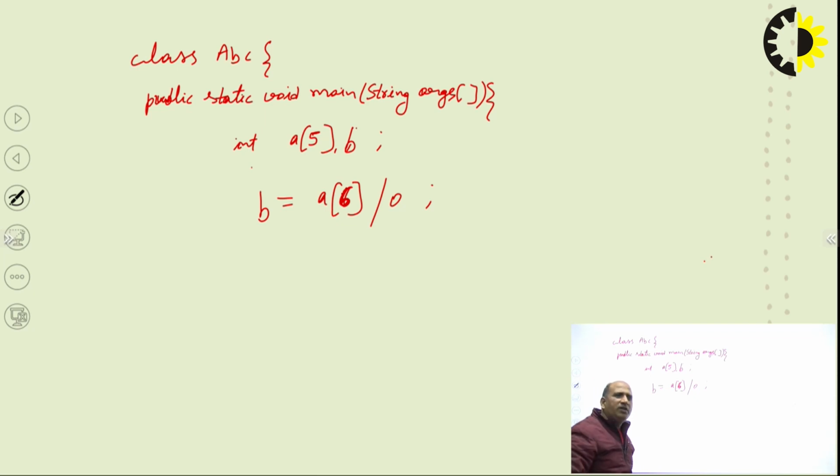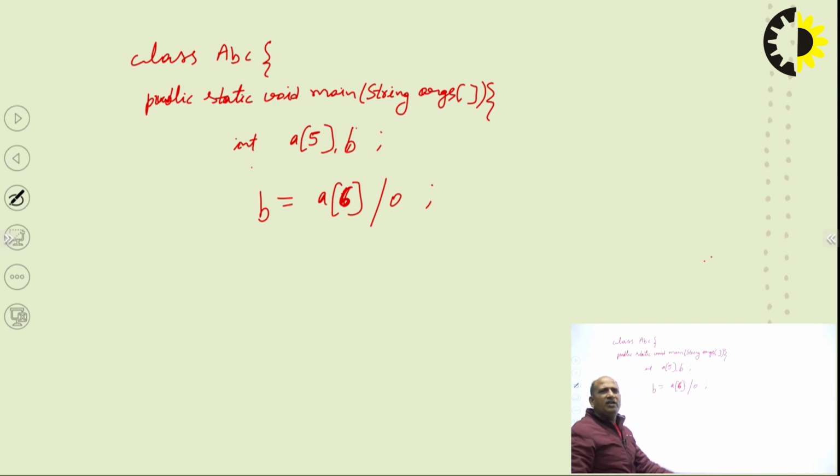So there will be a situation where an array index out of bound exception will be created over here. There is a class ArrayIndexOutOfBoundsException, and an object of that class will be created over here and thrown outside the code. And there is another situation, a divide by 0 error has also occurred over here.